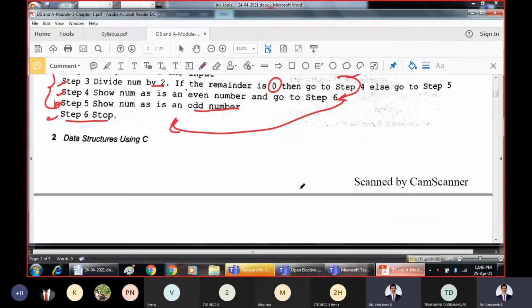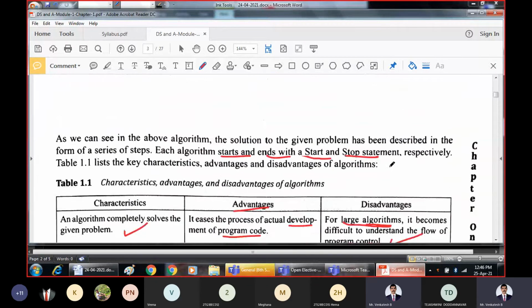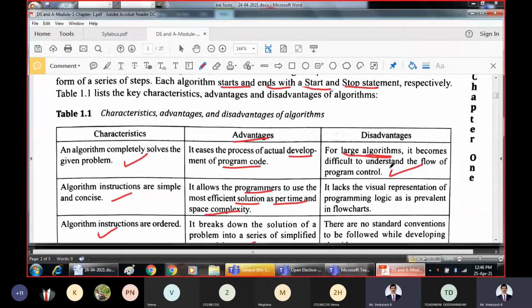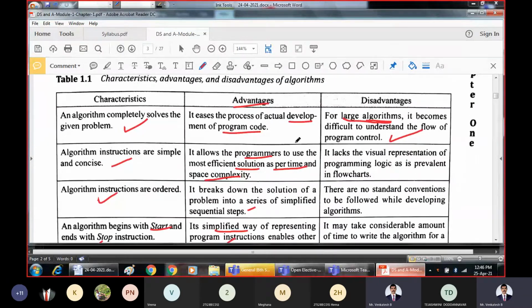In such cases, the larger number of steps makes it difficult for a normal user to understand the flow of the program and the flow of control. And as we don't have a visual representation, it is difficult for us to understand.